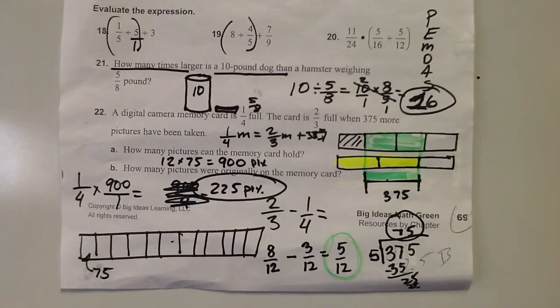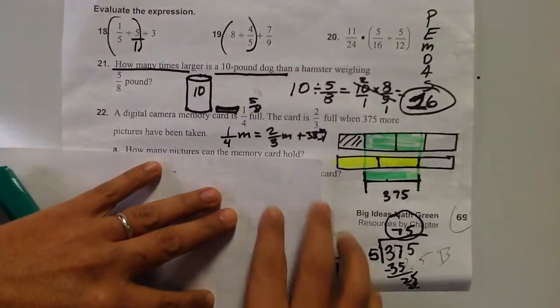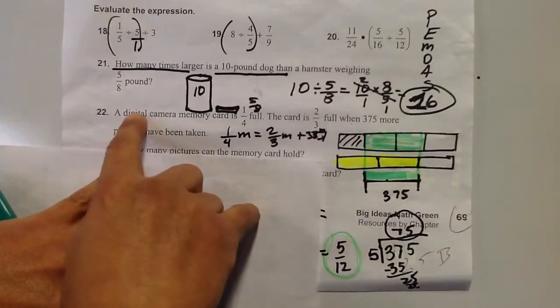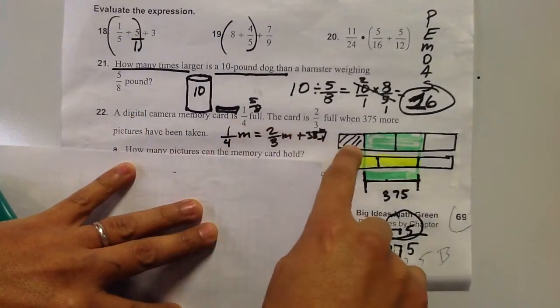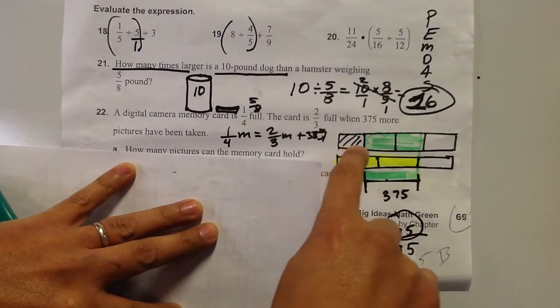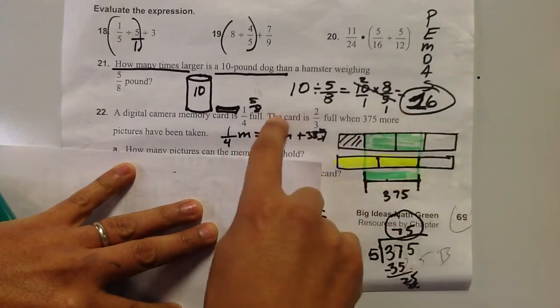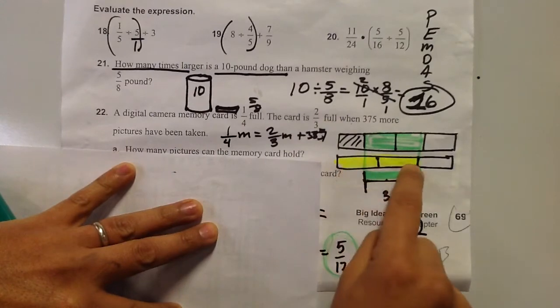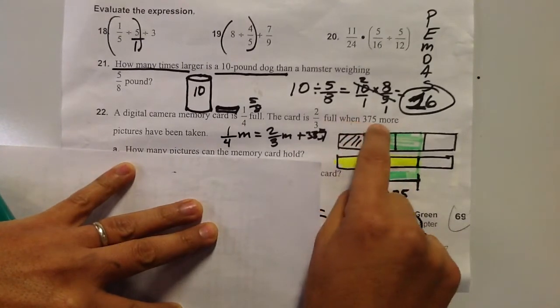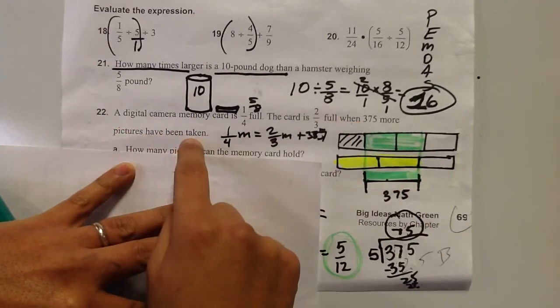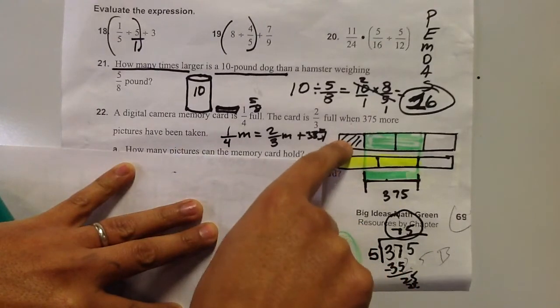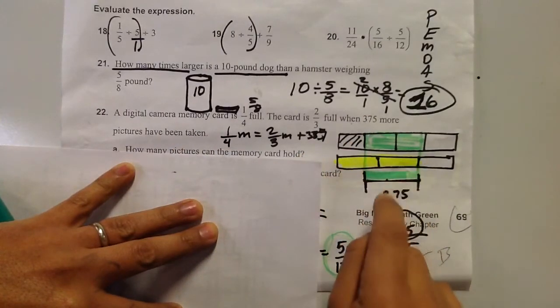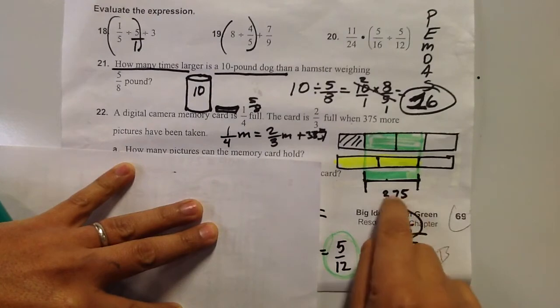Now that's a tough problem, so I'm going to go over it one more time and see if you can follow it. Here's what I did, and if you don't, that's okay. We're going to do this more. I know that I have 1/4 of the memory, so here that is, 1 out of the 4. The card is 2/3 full, so here's 2/3 when there's 375 more pictures. So I know that the difference between 1/4 and 2/3 is 375.